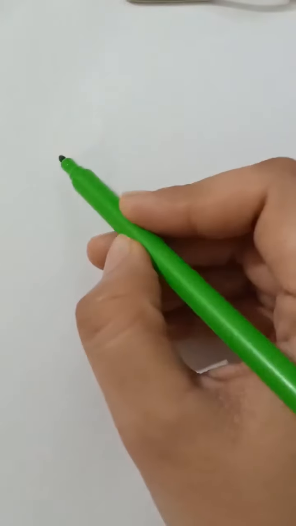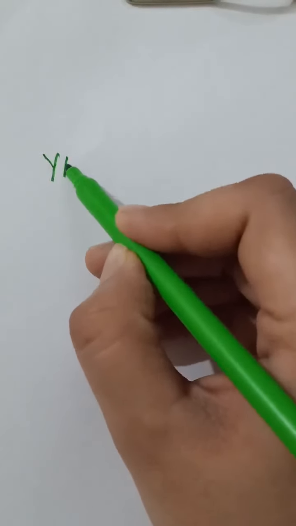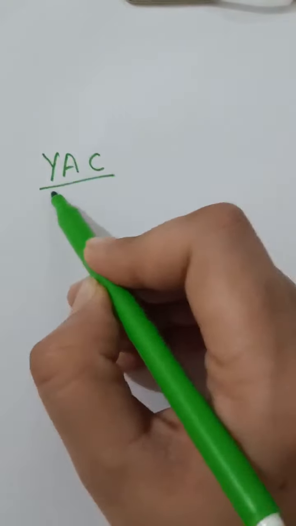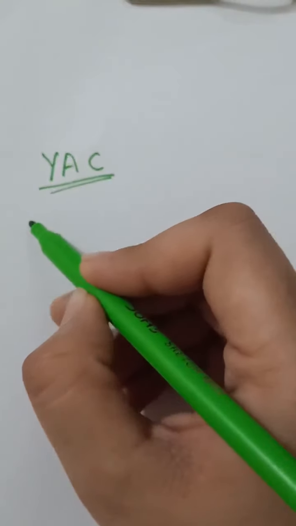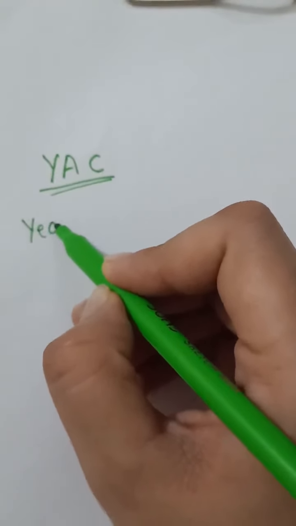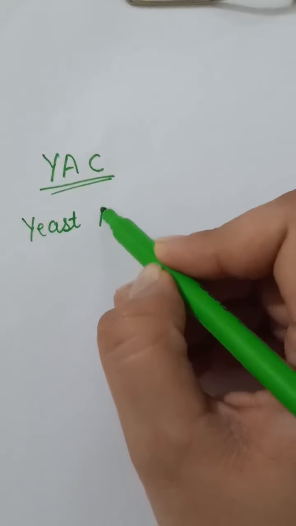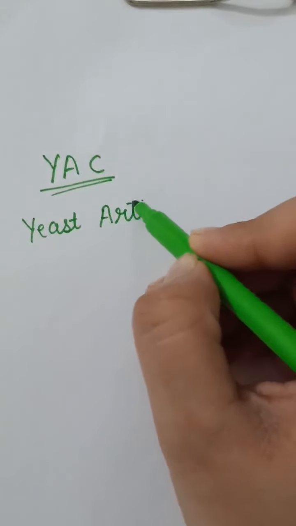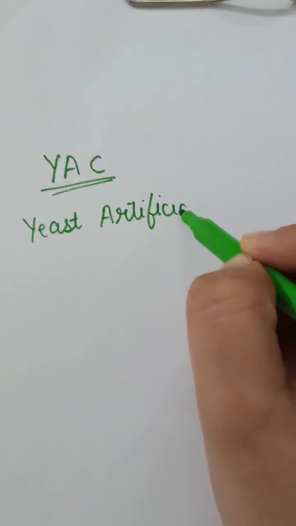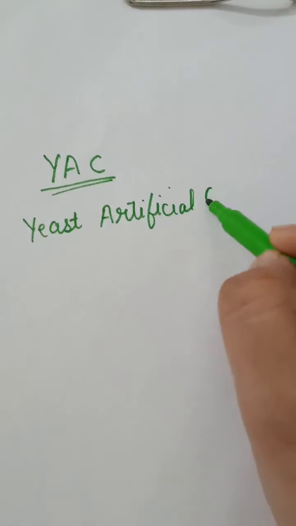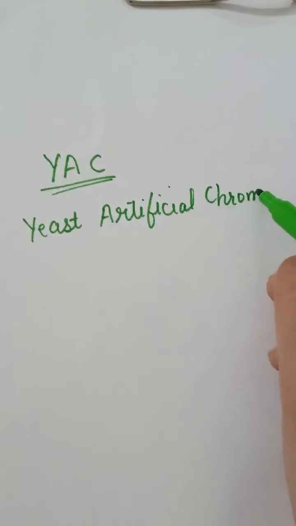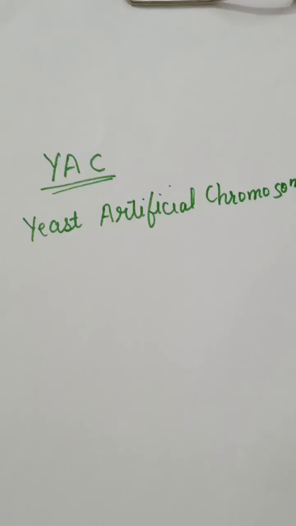Come to the next vector known as YAC. YAC vectors. YAC means yeast artificial chromosome. They have been developed as high capacity vectors which can clone very large DNA segments, about 1 MB in length.